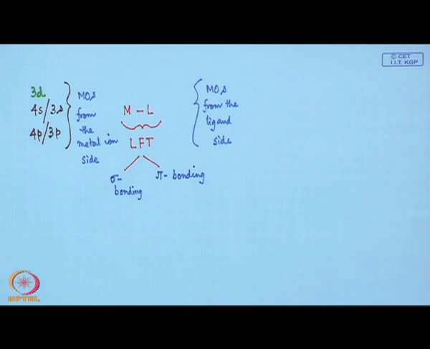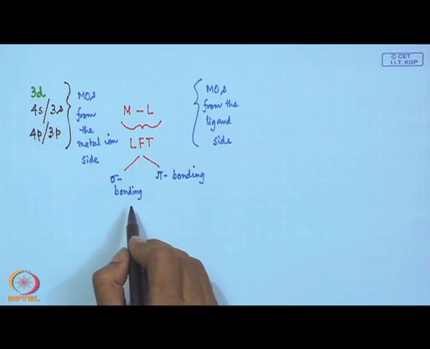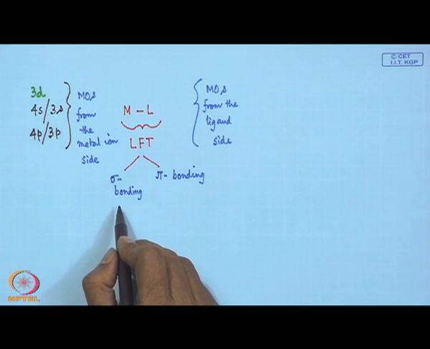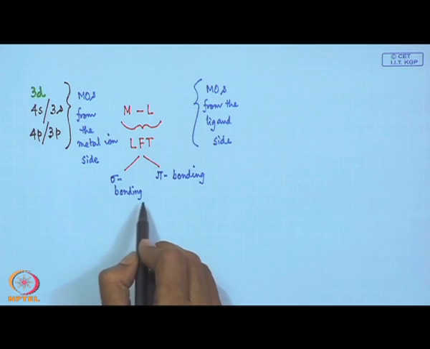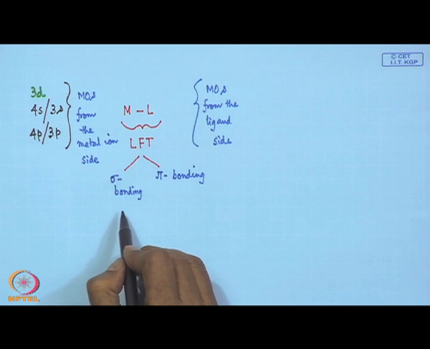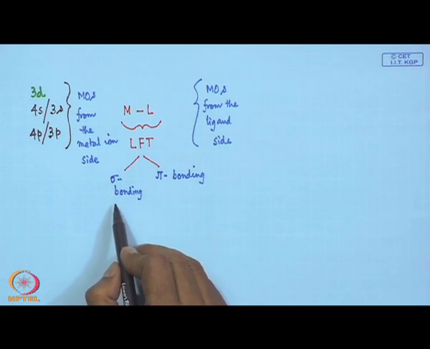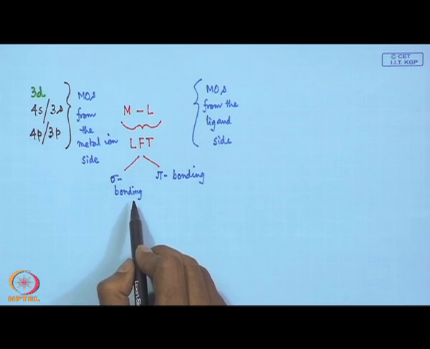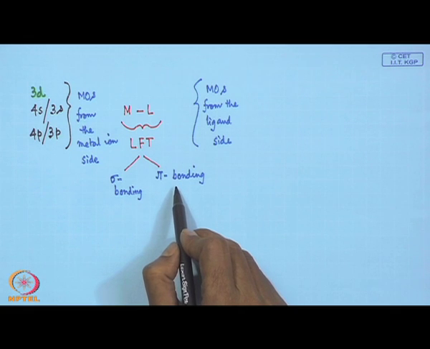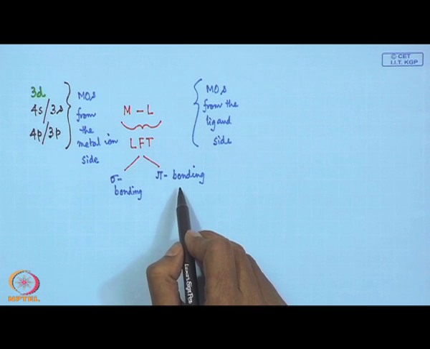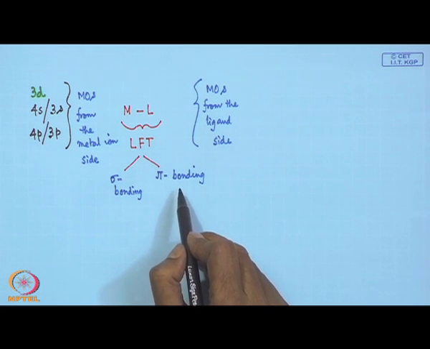So, the entire spectrochemical series, we can now explain part by part the presence of these ligands within that particular big spectrochemical series: what are the ligands which can show good sigma bonding affinity towards the metal center, and what are the other ligands which can show some pi bonding affinity which is also dominating to the metal center.